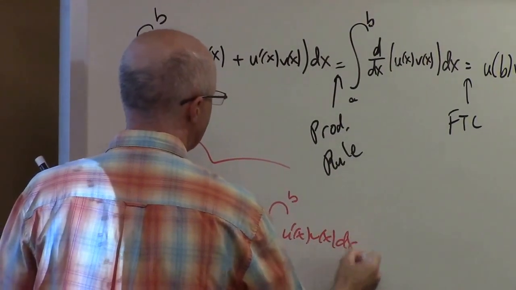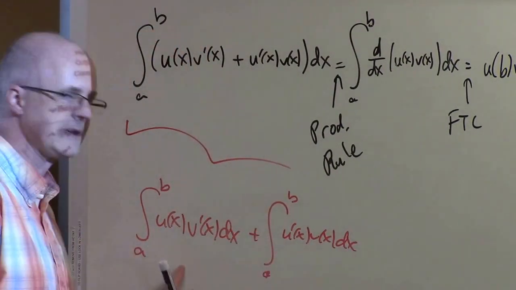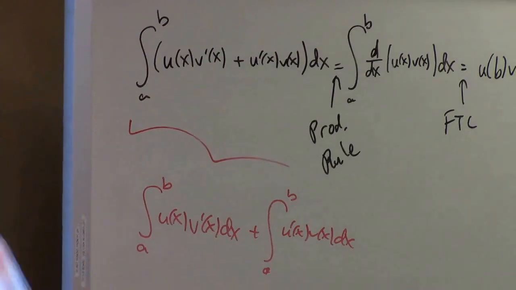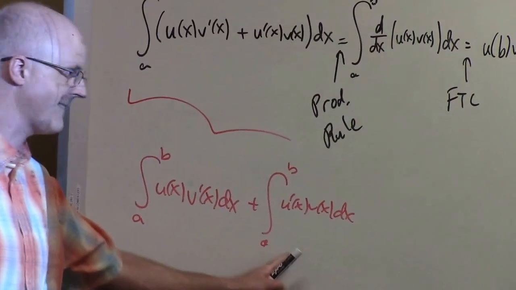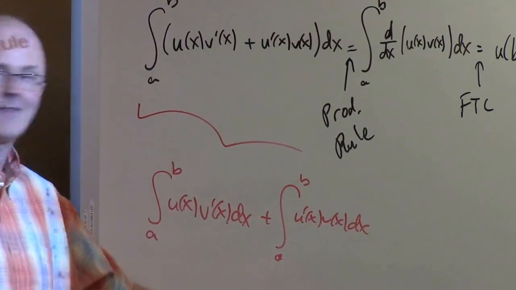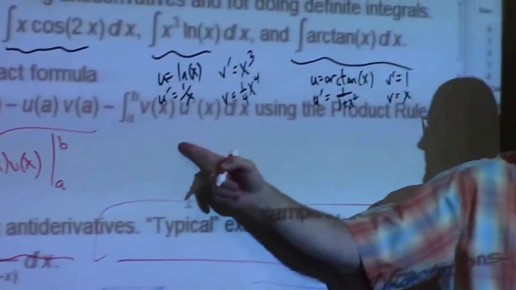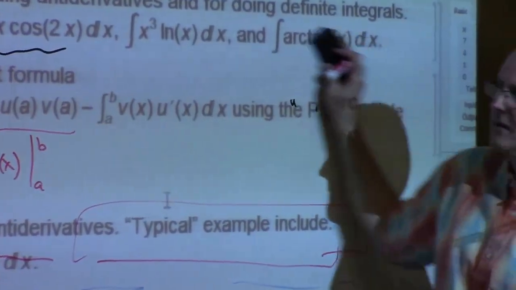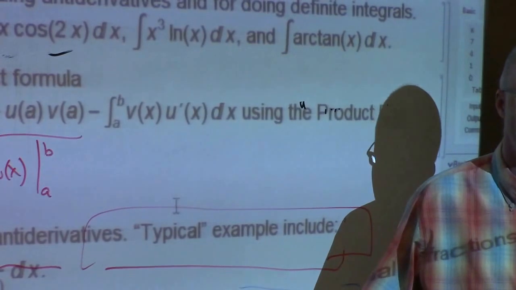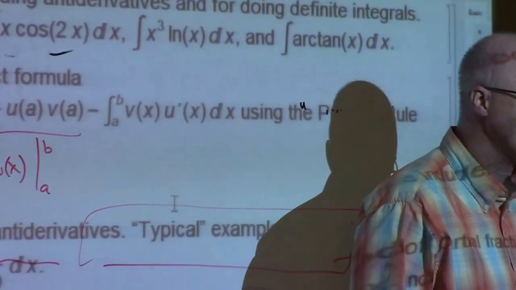And then solve for this integral of u times v prime, by subtracting that integral from both sides. And that's the integral that shows up on the other side, except I switched the u prime and the v around.